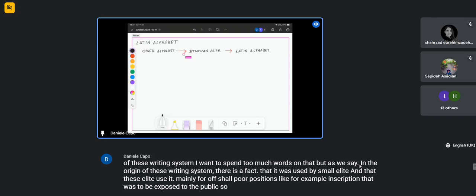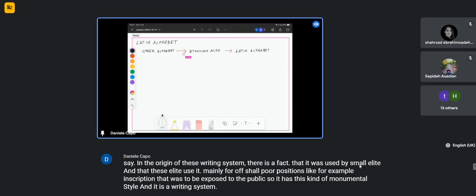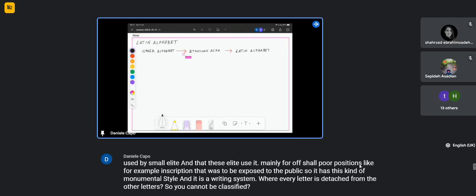So it has this kind of monumental style, and it is a writing system where every letter is detached from the other letters, so it cannot be classified as a cursive.